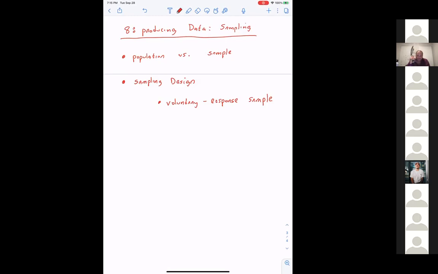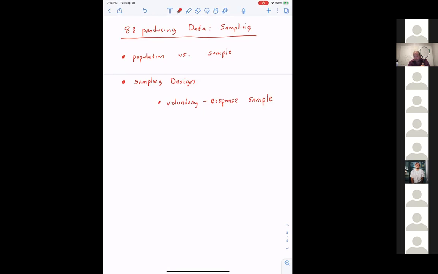But I was gonna ask you, the people who ask questions on the street, is that a sampling design? Well, the sampling design is not just asking you questions. It's the process by which they choose who they're going to ask. If they ask every person who walks by, that's their design. If they ask every 10th person, that's their design.